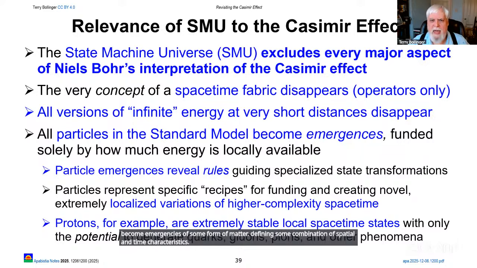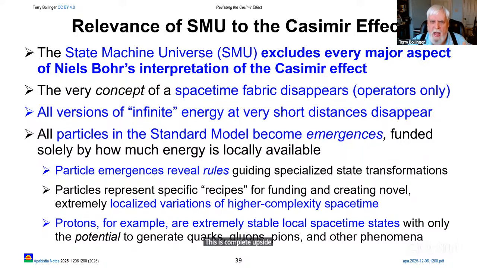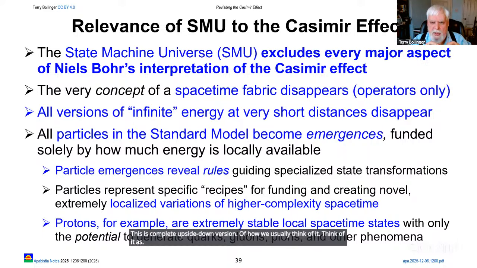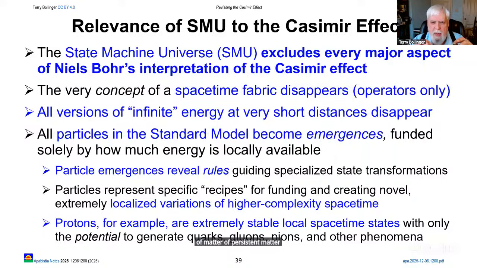This is a complete upside down version of how we usually think of it. Think of it as persistent matter, fermionic matter and energy combined, funding the development of interesting configurations of space-time, because space-time becomes a much more fungible asset in this model because it's just operators.